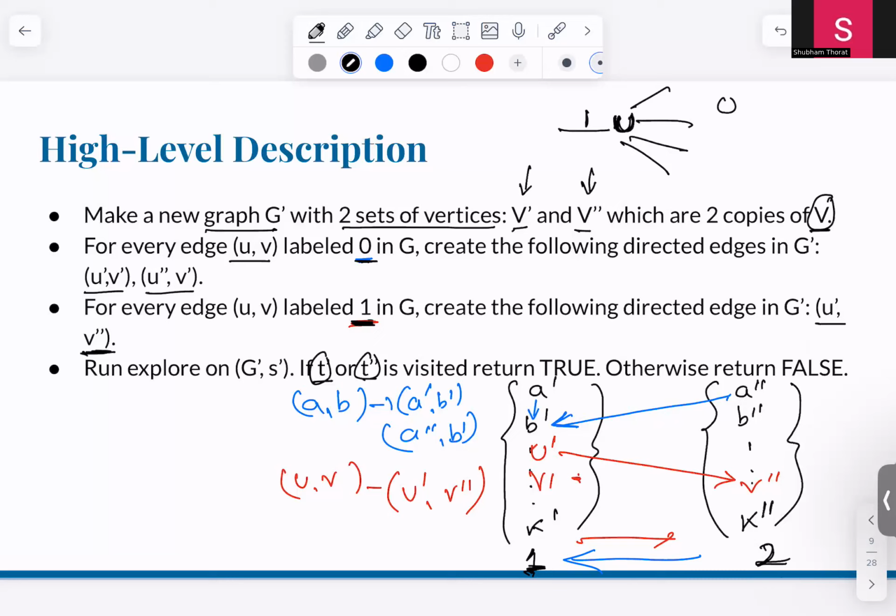Because the problem would be if you are going from A prime double prime to B double prime, this will be a problem, right? Yeah, that's two one edges connecting, right? So we do not have these kind of edges here. In the definitions, if you look at this, we do not have anything like this. So that's how we are avoiding taking the consecutive one labeled edge.